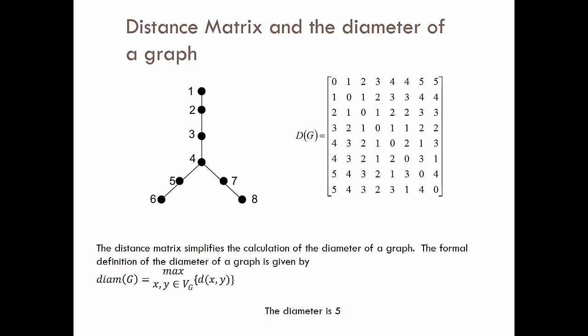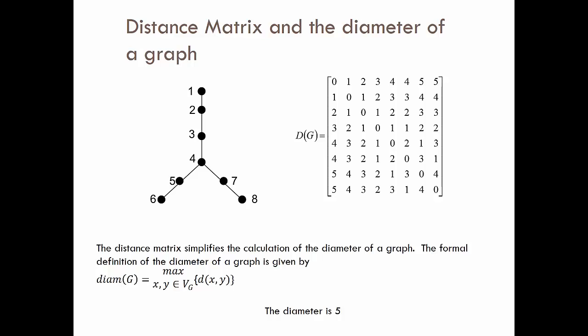If you already have the distance matrix, then finding the maximum distance is simply looking at the distance matrix and finding its largest entry. Since that's 5, the diameter of this graph is just 5.